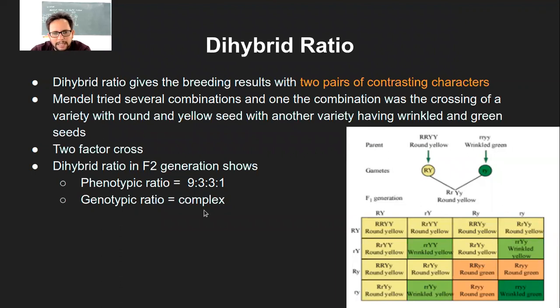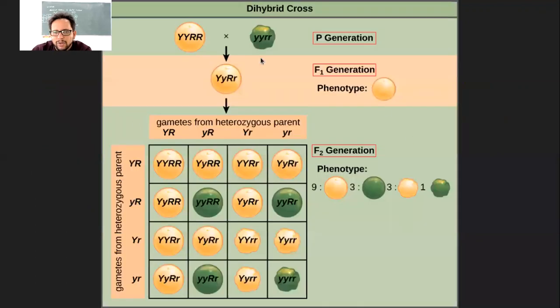So that is the dihybrid ratio, and this is just another way that it has been represented. It looks very neat, so you can go over this. Remember, the most important thing that we are doing in both the monohybrid cross and the dihybrid cross is crossing the individual that is homozygous dominant with the homozygous recessive.